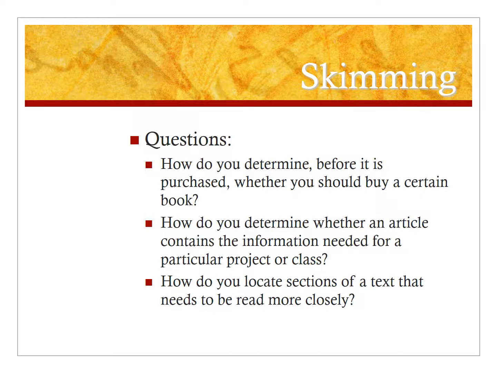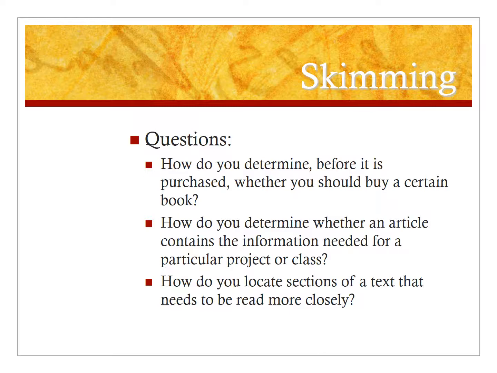So we skim all the time. For example, let's say you are in a library or bookstore and you're trying to figure out what book you should acquire. How do you figure out what to get? How do you determine if an article, let's say you're actually looking at a database, has the information you need for your research paper?